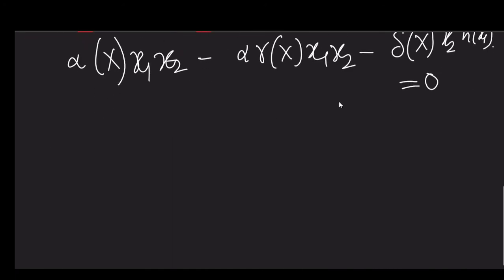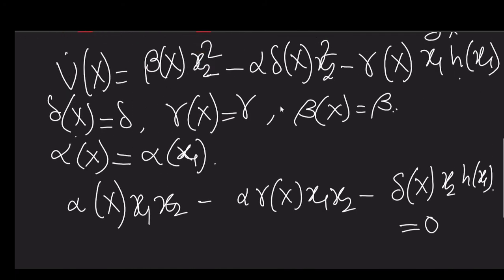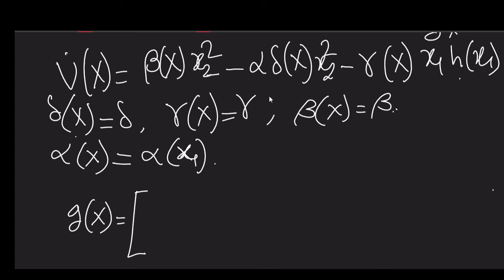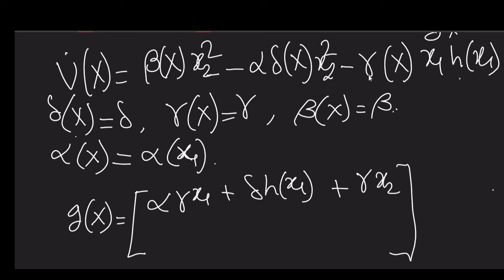What you will find here after doing so is that we get G x, having alpha gamma x1 plus delta h x1 plus gamma x2.